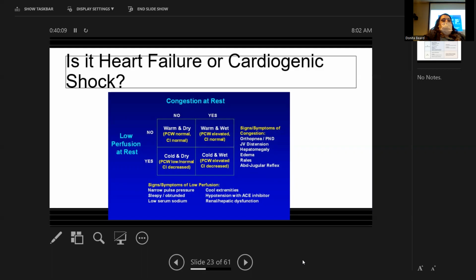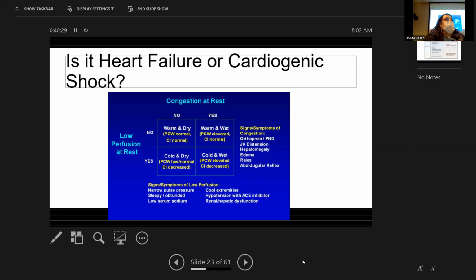Probably the most common place for people after MI to be is warm and wet. A lot of them are not in cardiogenic shock, but they do have elevated filling pressures. In the cath lab, you'll see cath lab reports with LVEDPs.